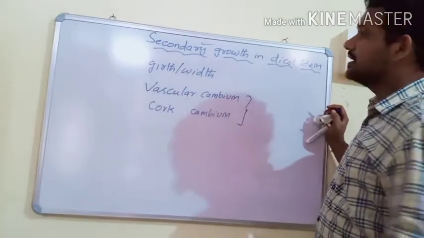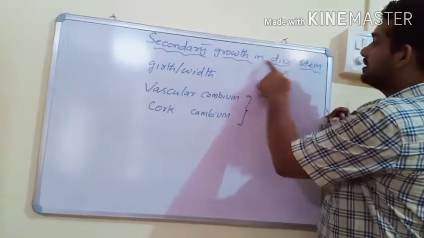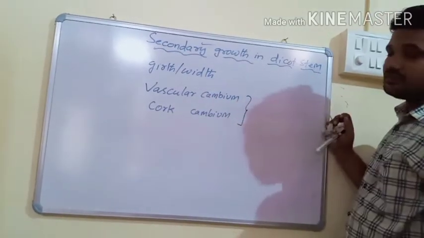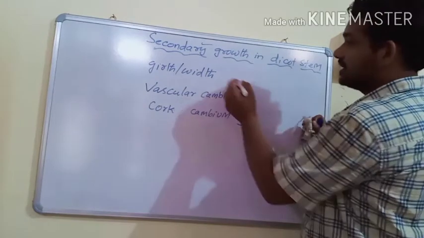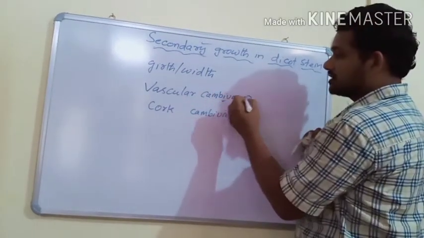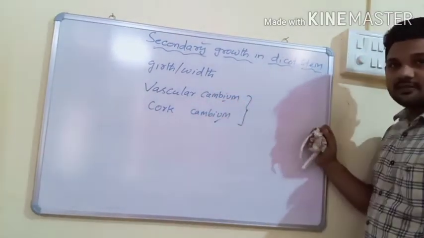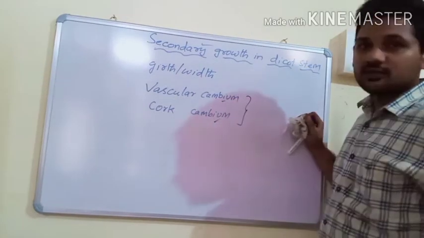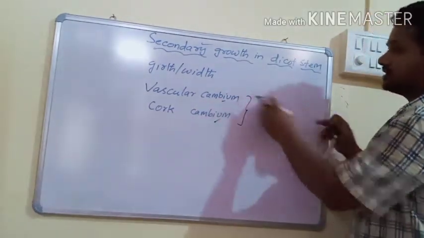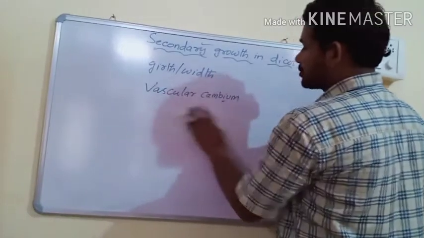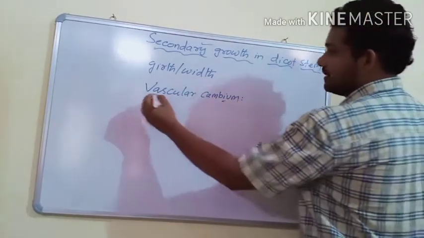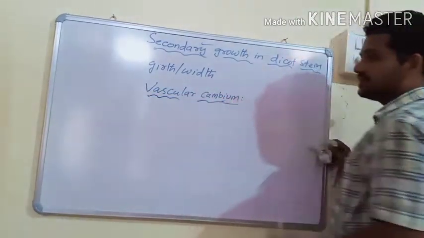Firstly we will discuss secondary growth in dicot stem. In dicot stem, the secondary growth is the responsibility of two lateral meristematic tissues: vascular cambium and cork cambium. First we will discuss vascular cambium. What is vascular cambium?